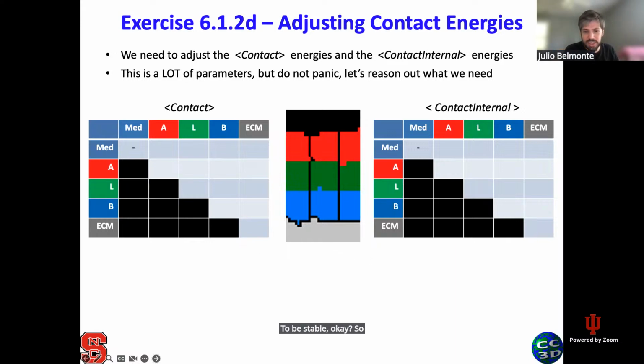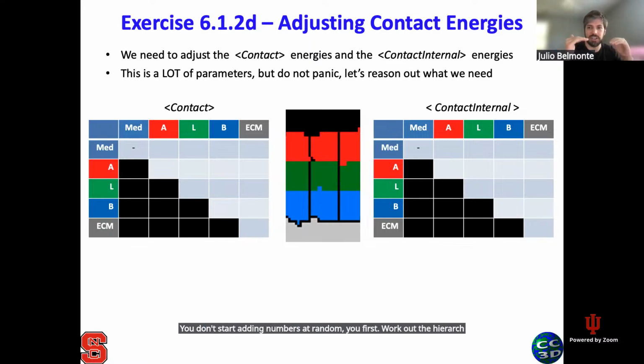So now, remember, what do you do first? Do you just start adding numbers, or should you do something else? You don't start adding numbers at random. You first work out the hierarchy of the contact energies.